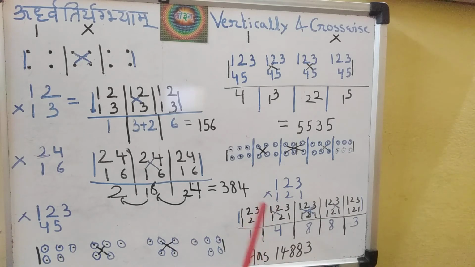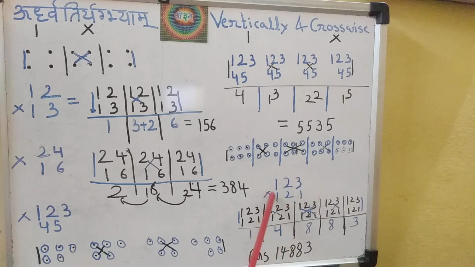For example, in 123 into 121, for the leftmost digit we multiply 1 into 1 to get 1. Then for the next digit we multiply crosswise. 1 into 2 plus 1 into 2 is 4. Then again crosswise we multiply top first to bottom last, 1 into 1, and top last to bottom first, 3 into 1, and vertically the 2 middle digits, 2 into 2 is 4.